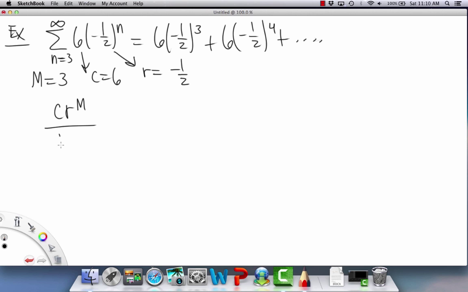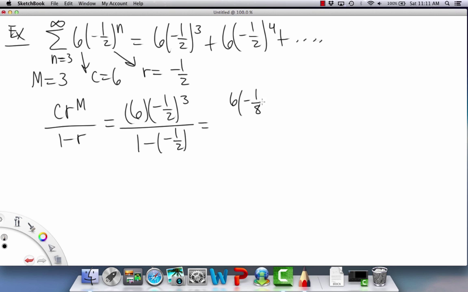We're just going to plug this into our formula. C times R to the M over 1 minus R equals 6 times R to the M, which is 3, over 1 minus R, which is -1/2. So the top is 6 times -1/8, and on the bottom we have 1 plus 1/2, which is 3/2.